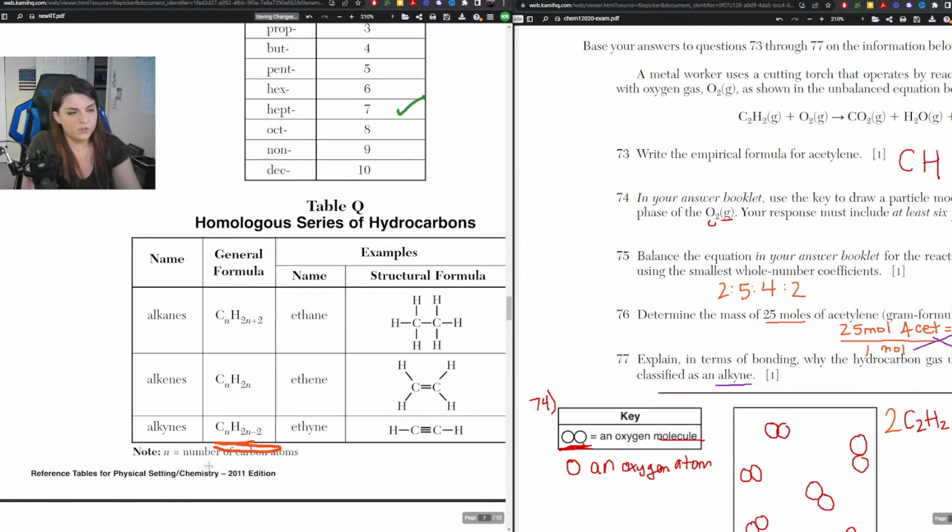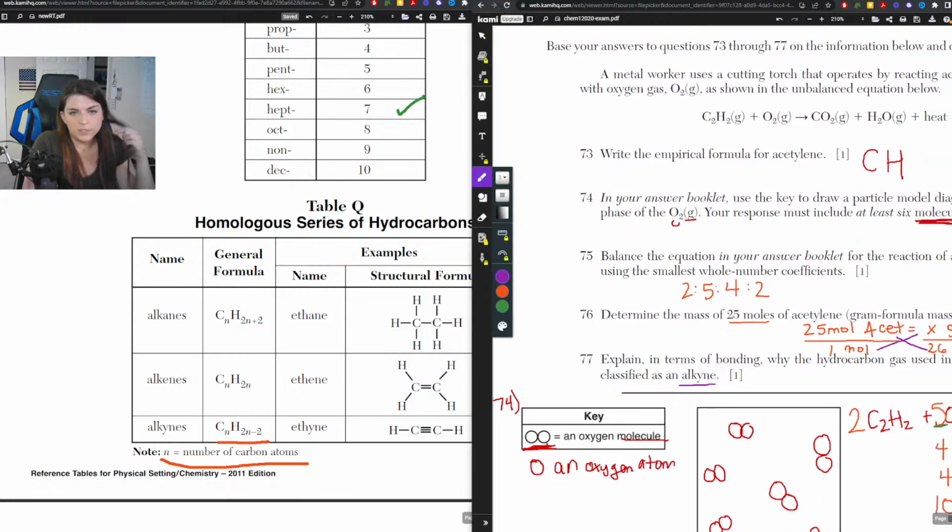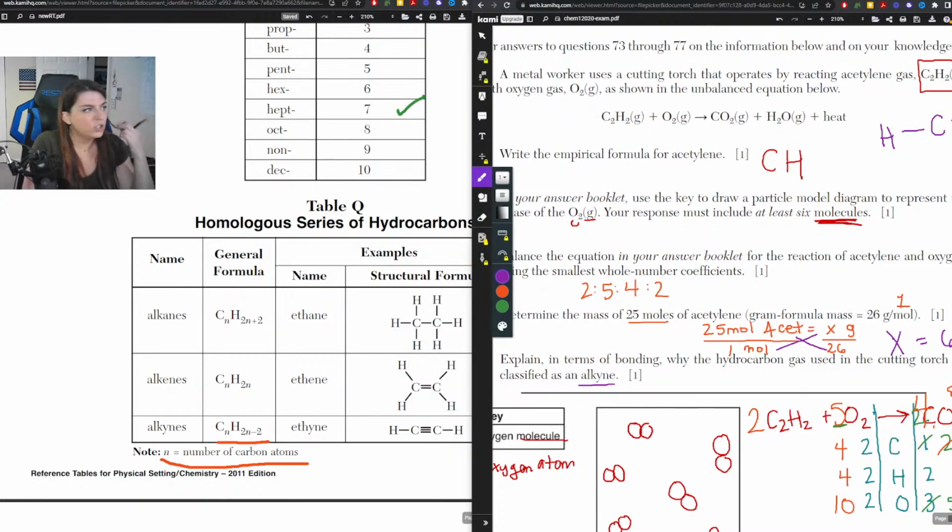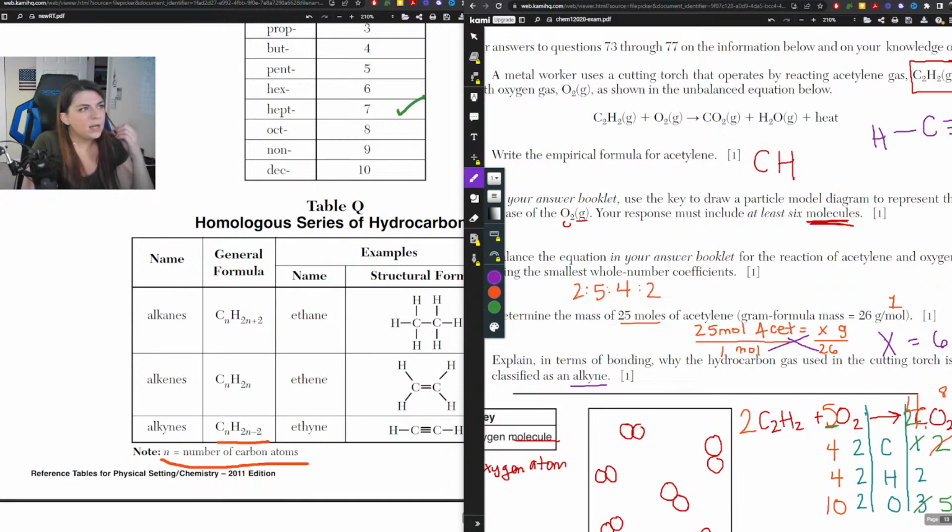N also stands for the number of carbons. You can see right there. So if I have 1 carbon, or rather 2 carbons in acetylene, right? C2H2. If I have 2 carbons, then I would be doubling that, giving me 4, but then subtract 2 puts me back at 2.